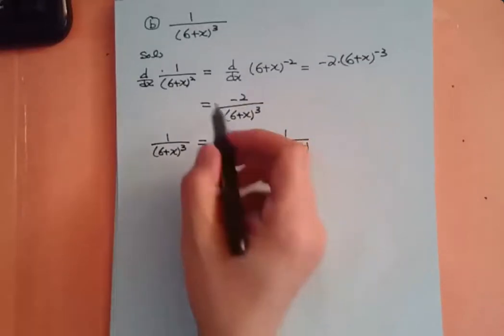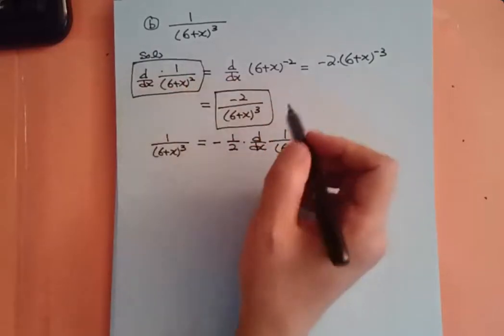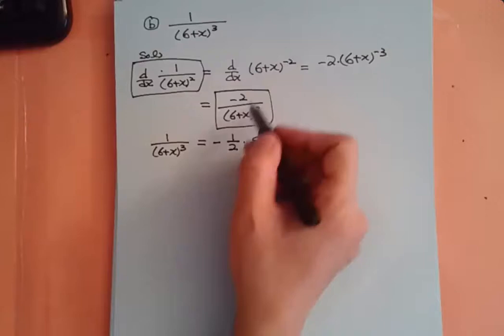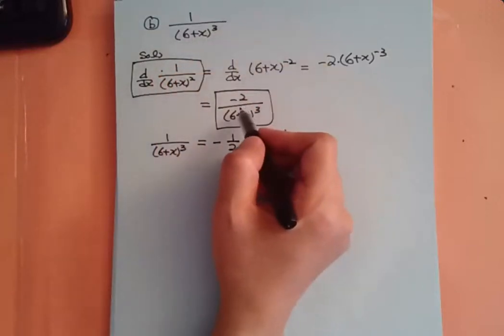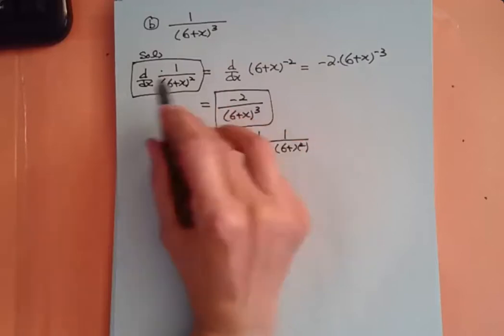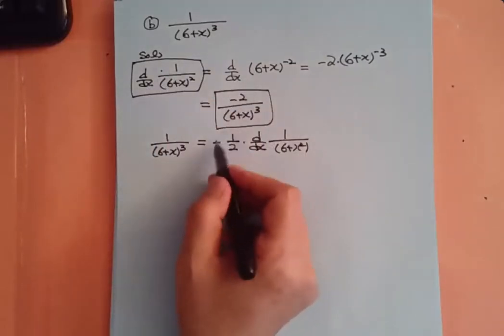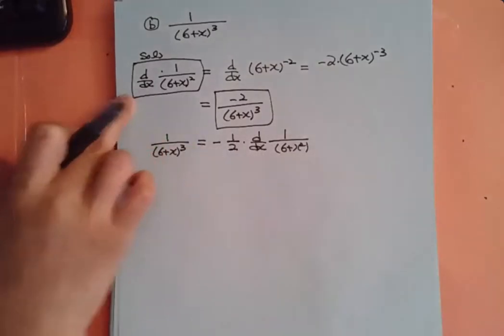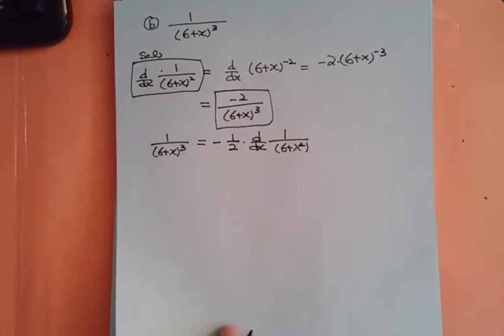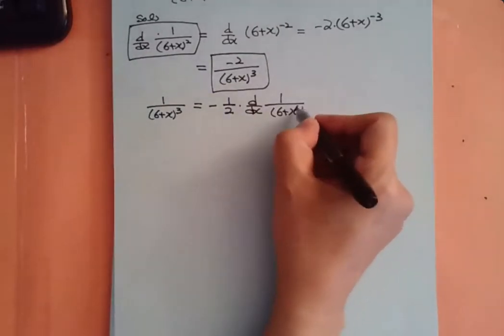What we are doing here is the two are the same. And to get 1 over 6 plus x cubed, we have to divide by -1 over 2 on both sides. So we multiply -1 over 2 by the derivative of 1 over 6 plus x squared.